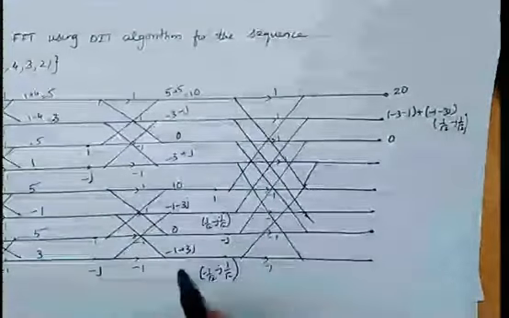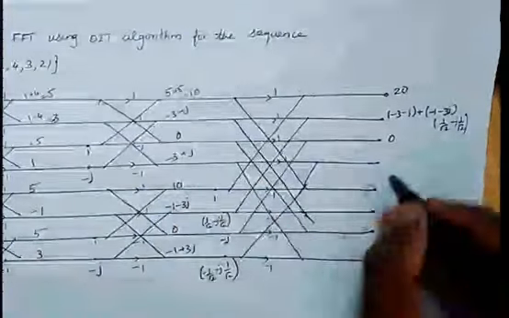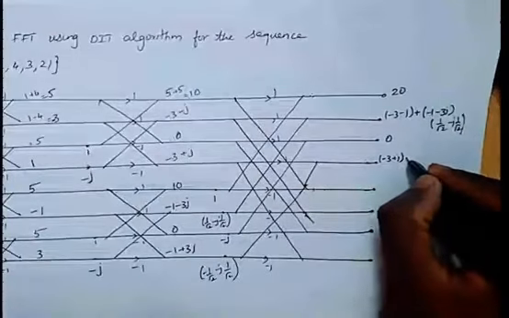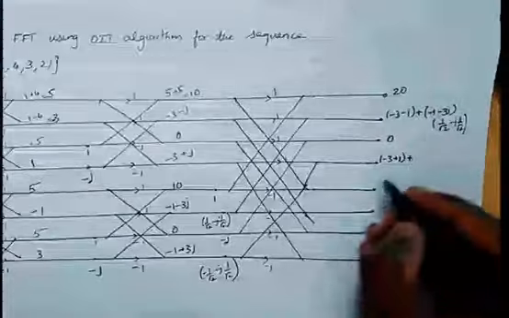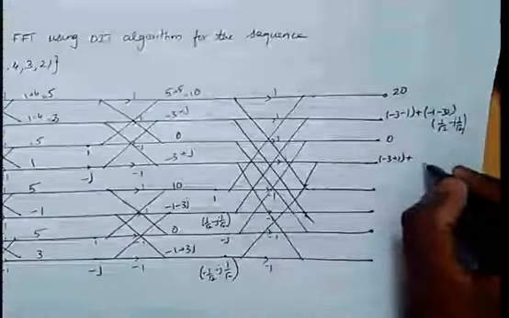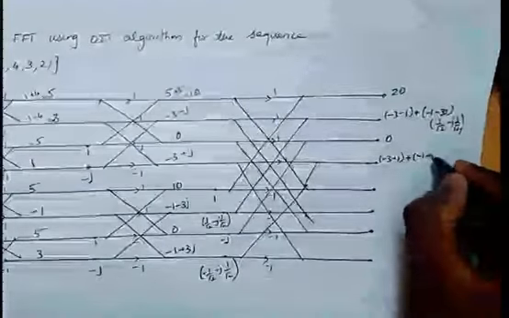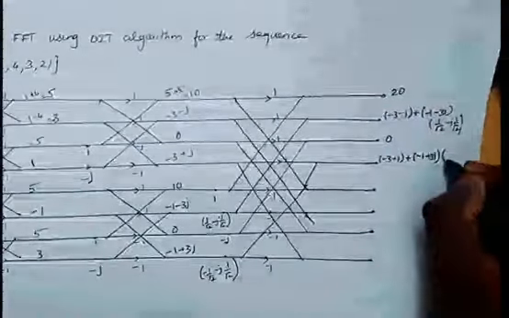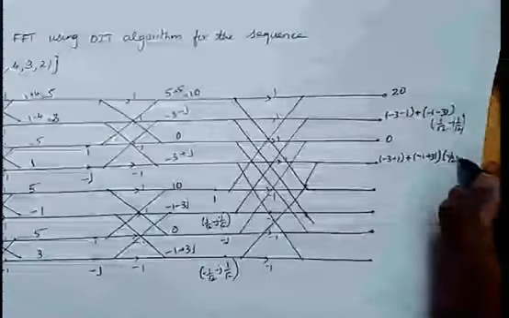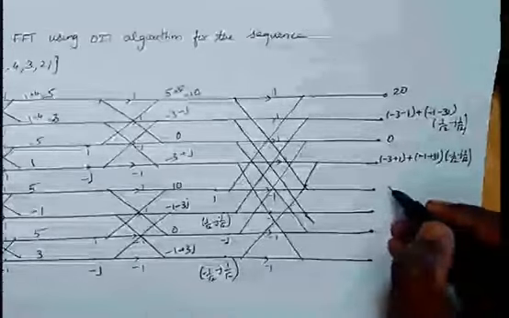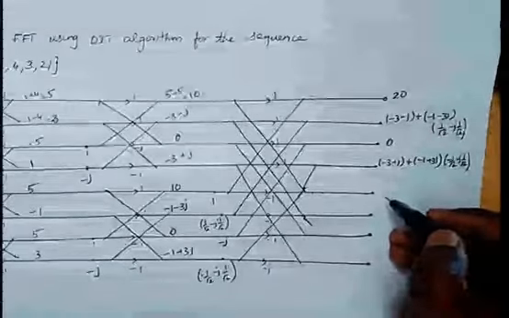Then here we have minus 3 plus j, so let me write minus 3 plus j, plus what about this term, minus 1 plus 3j, into its weight, so it is minus 1 by root 2 minus j 1 by root 2. We should be a bit careful while calculating.